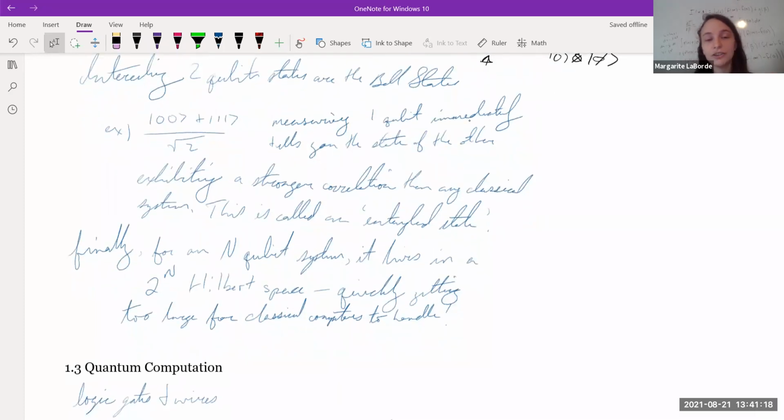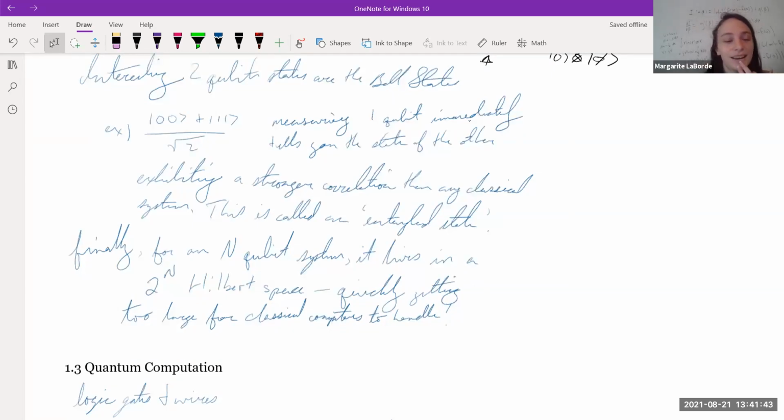So an interesting 2-qubit state that we're going to mention now and then come back to at the very end is the Bell states, or the EPR pairs. So EPR pairs are, I always forget the middle guy's name. It's Einstein, Podolsky, yeah, and Rosen. Okay, yeah. We know Einstein's name.